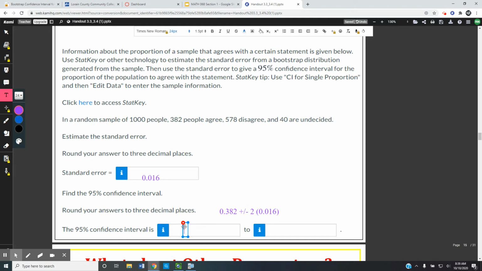So the bottom end is going to be 0.350. It's the minus value. And the plus value is going to be 0.414. There's my CI for 382 out of 1,000 on a 95% CI.